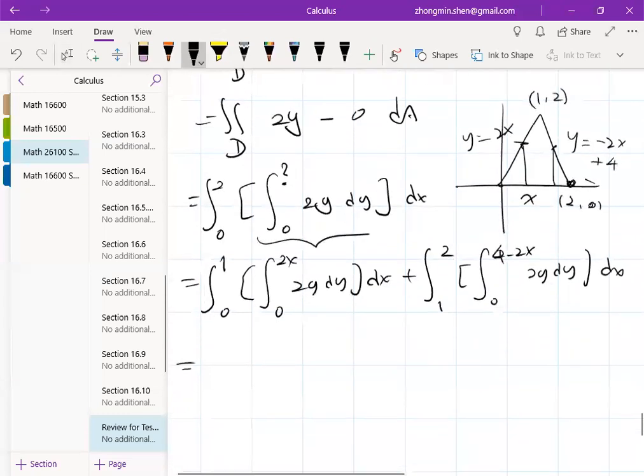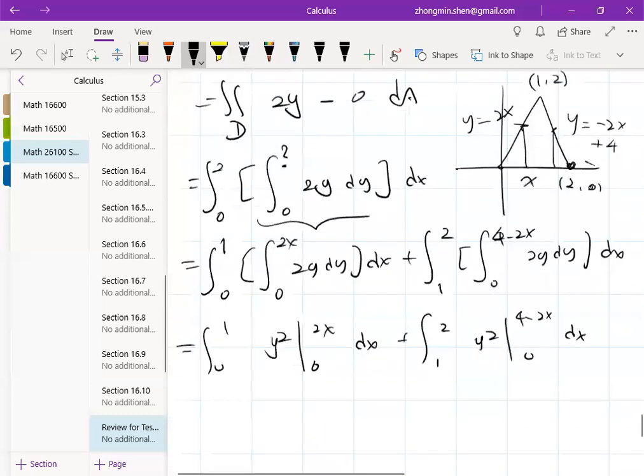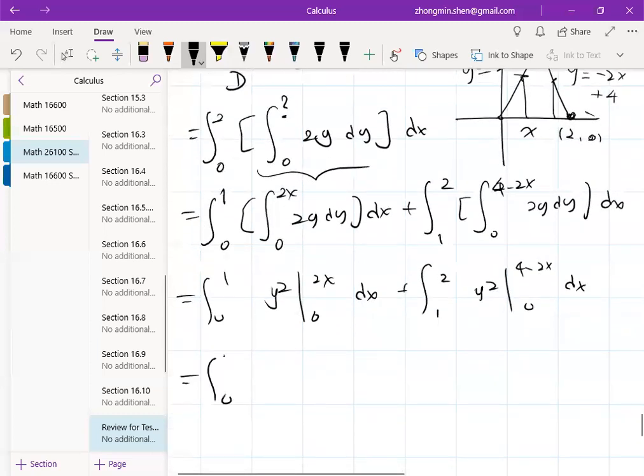So now you get y squared, and here you get y squared evaluated at the 2 endpoints. So (2x) squared, 4x squared dx, and this one, (4 minus 2x) squared dx.